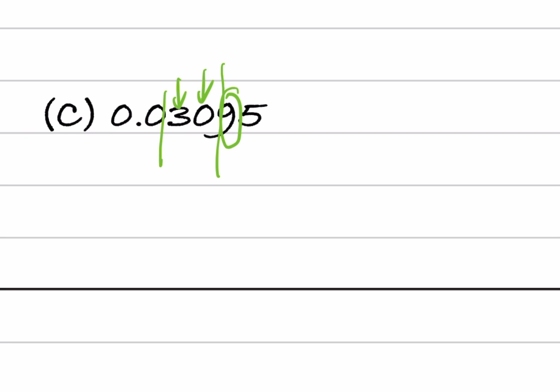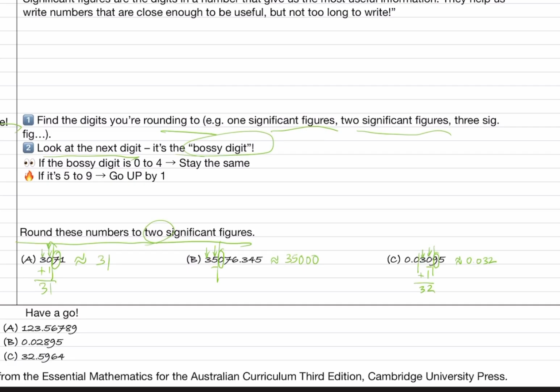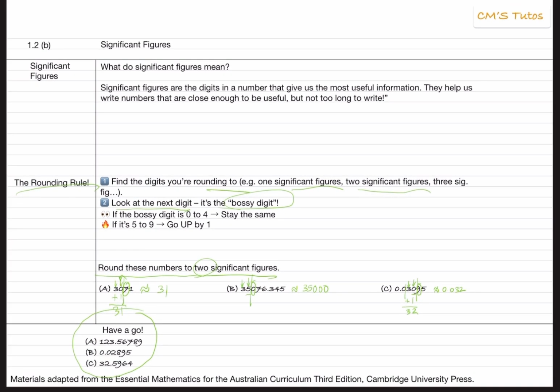So the number in front of our bossy digit will go up by 1. So it will be 32, so approximately 0.032.